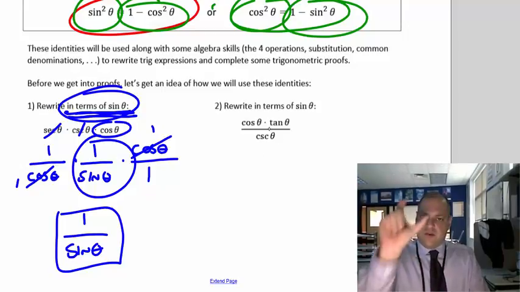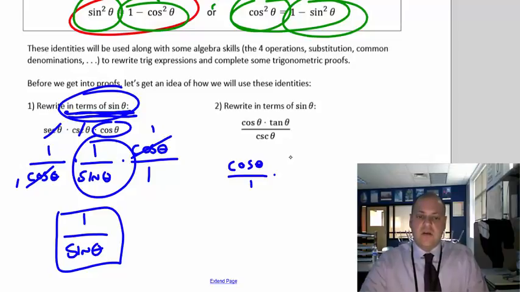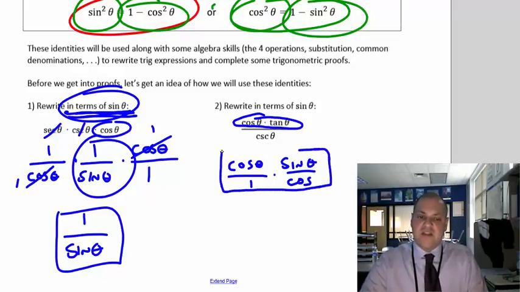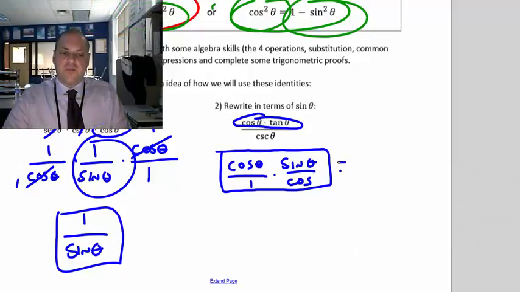This one here is a little trickier because we have a fraction already. So cosine is just cosine. Put it over 1. Tangent is sine over cosine. So the top of the fraction, I haven't done anything with this yet. The top of the fraction is this. Okay? So let's do that first.